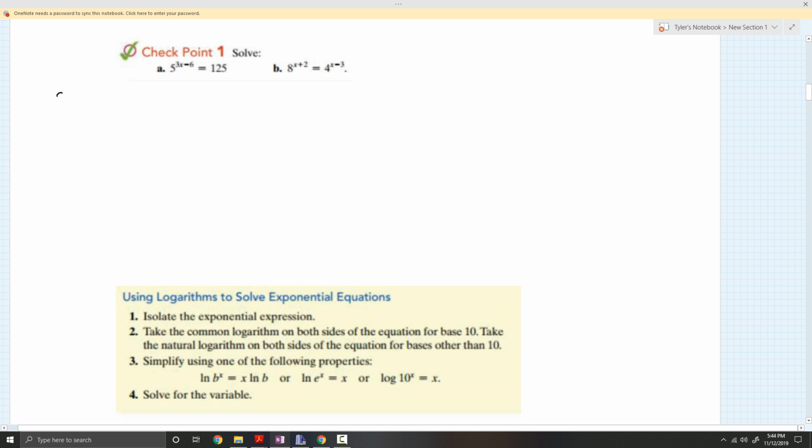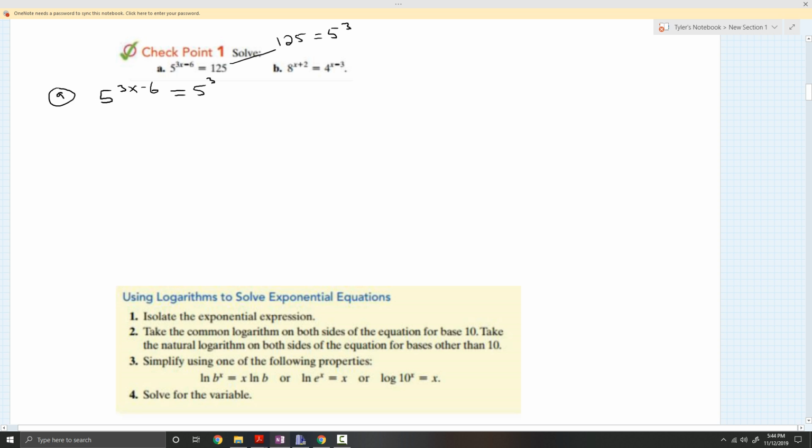So for part A, the important thing to note is that 125 should be 5 cubed. So what we would have is 5 to the 3x minus 6 equals 5 cubed. Now I have it in the form that I'm looking for, with the same base, and the exponents must be equal.